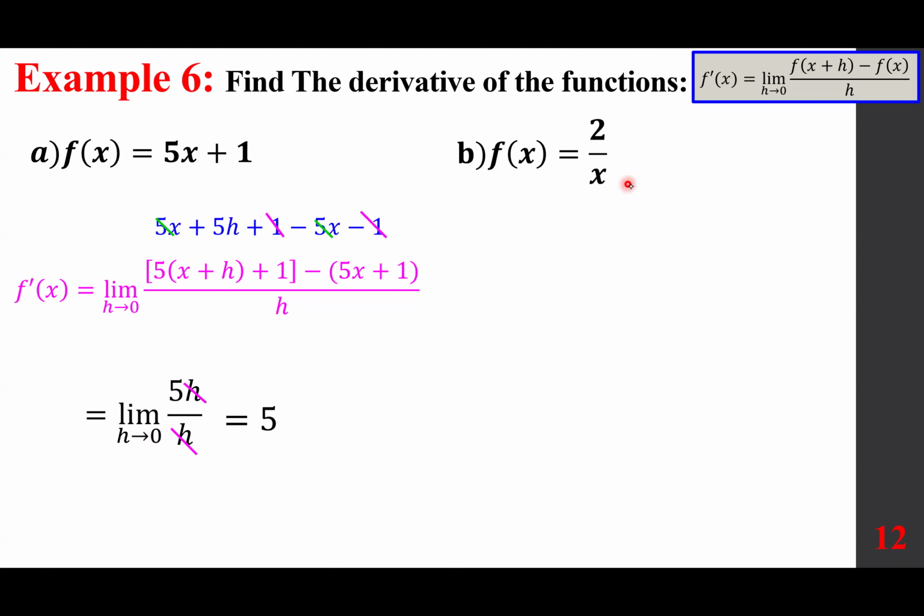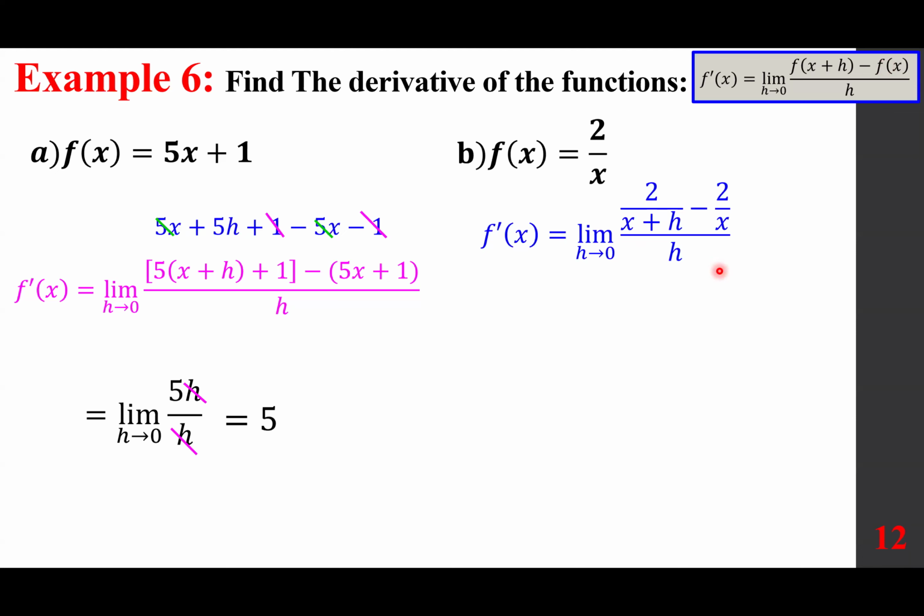Part B, f of x is 2 over x. We are going to go with the definition and write limit as h approaches 0 of fraction bar over h. F of x plus h is 2 over x plus h minus f of x is itself. If you were to plug in, I hope you realize you get 0 over 0, which is an indeterminate form.